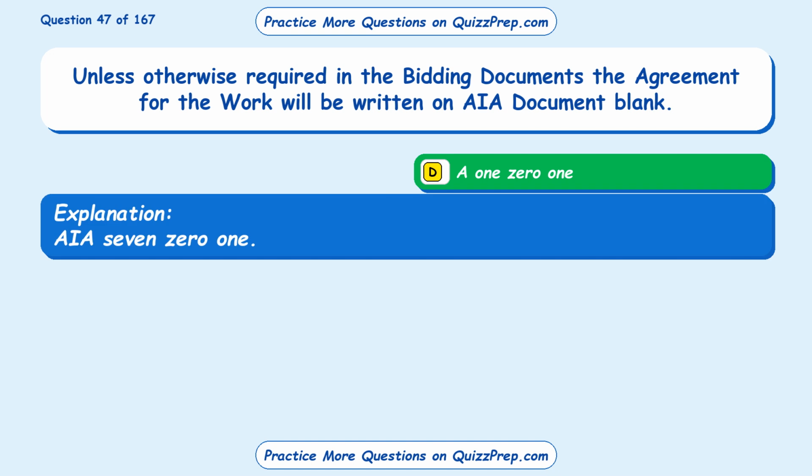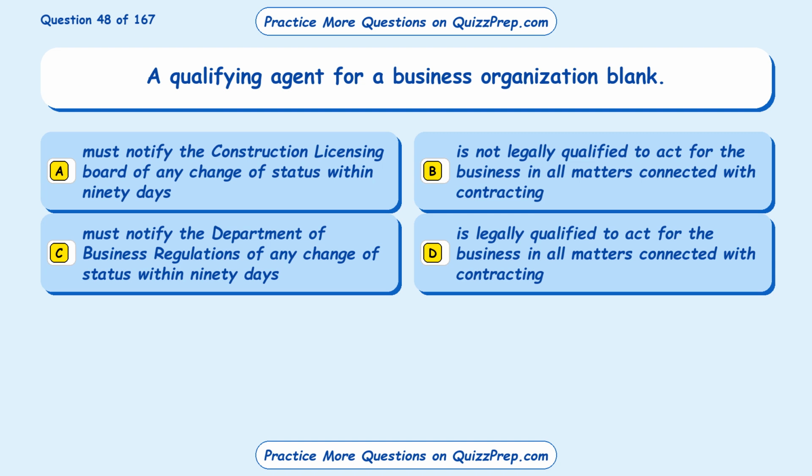Question 48. A qualifying agent for a business organization blank. Option A, must notify the Construction Licensing Board of any change of status within 90 days. Option B, is not legally qualified to act for the business in all matters connected with contracting. Option C, must notify the Department of Business Regulations of any change of status within 90 days.